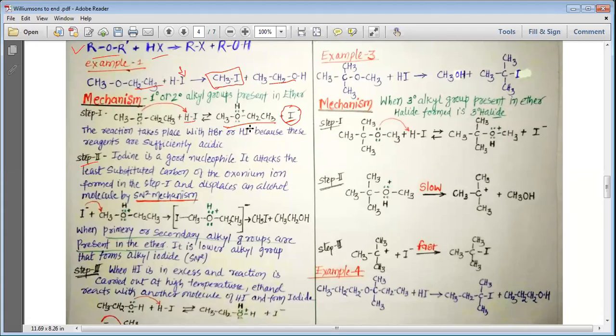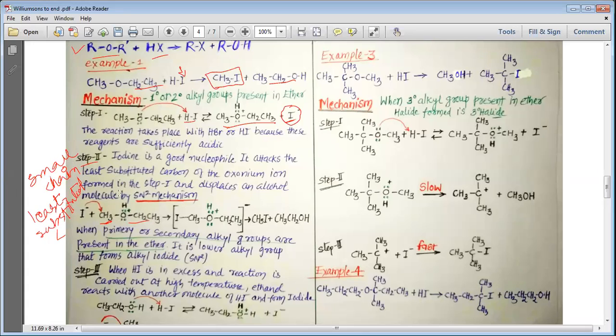This I minus always attacks the part of the oxonium ion on the carbon which is least substituted. So iodine always attacks the least substituted carbon, or you can say the small chain.